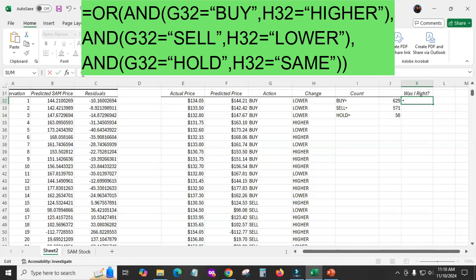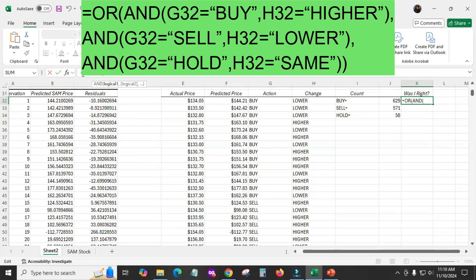So we are going to wrap those three and statements with an or statement. We're going to start off with or, parentheses, and we're going to write our first and statement, and, parentheses.